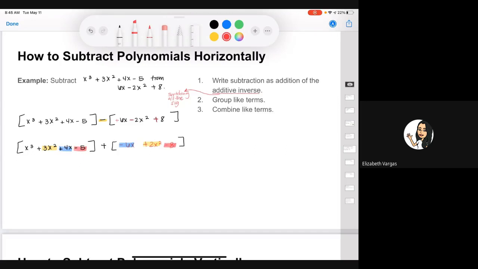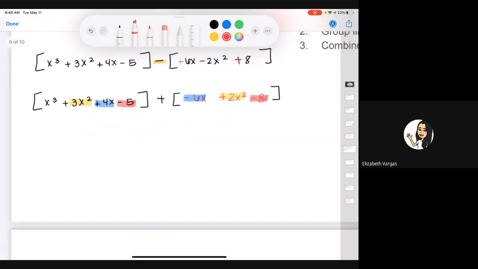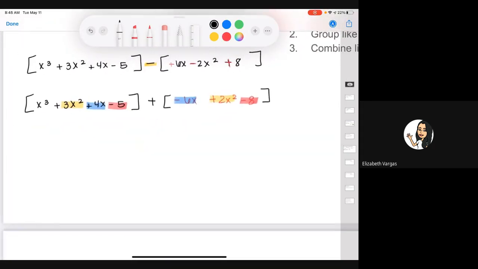Okay, so now I'm grouping together my like terms, and I basically just group them together in an addition expression. So I don't have anything that pairs with x cubed, so I'm just dropping that down. Plus, I do have something that groups together, 3x squared plus 2x squared, so I can put that together. 3x squared plus 2x squared plus, right, because I'm adding. Now I can put together my other grouping of expressions.